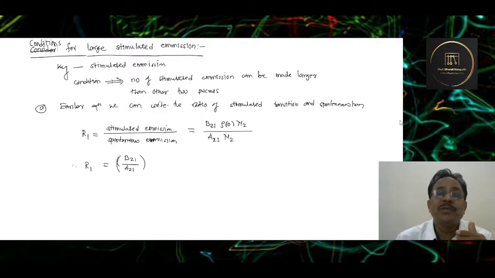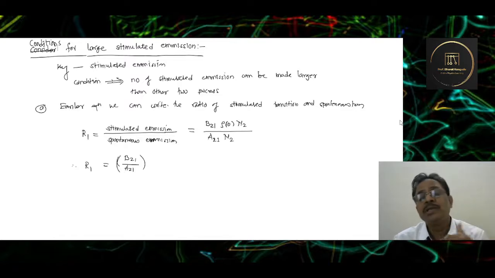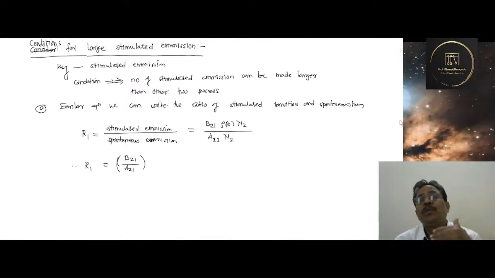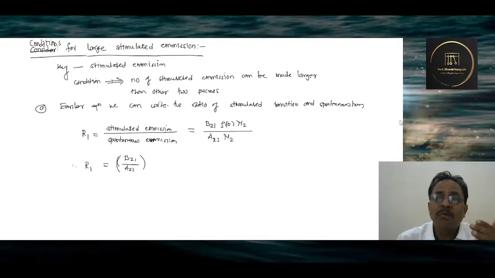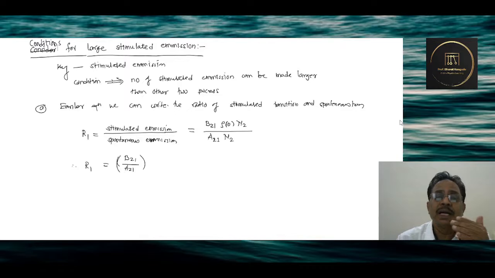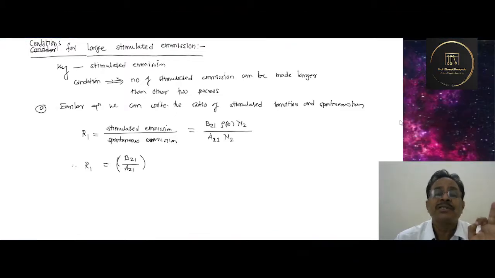Once this condition is achieved, that is called population inversion. For a certain time, many atoms are raised to the excited state, and by some means we move all these atoms from the excited state to the de-excited state simultaneously at one time, and that is called the large stimulated emission, and that is the key for this entire thing.